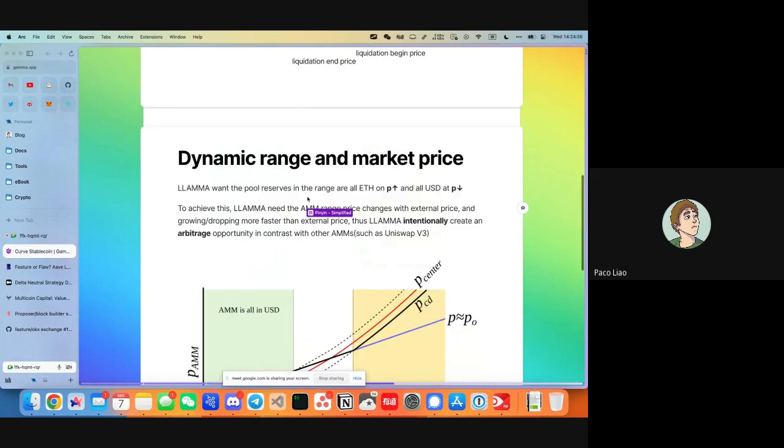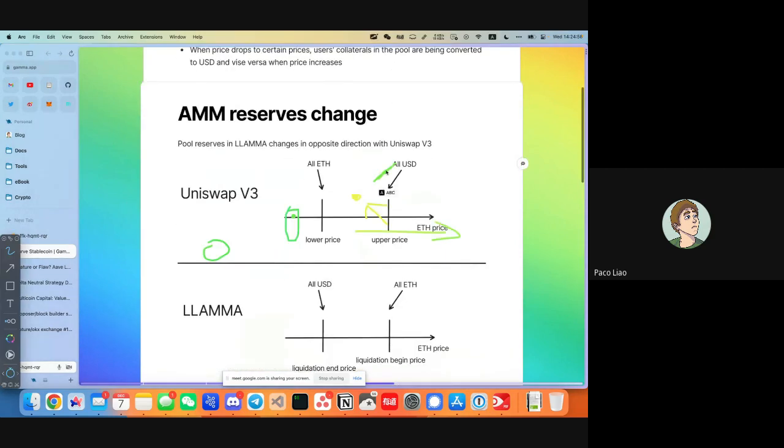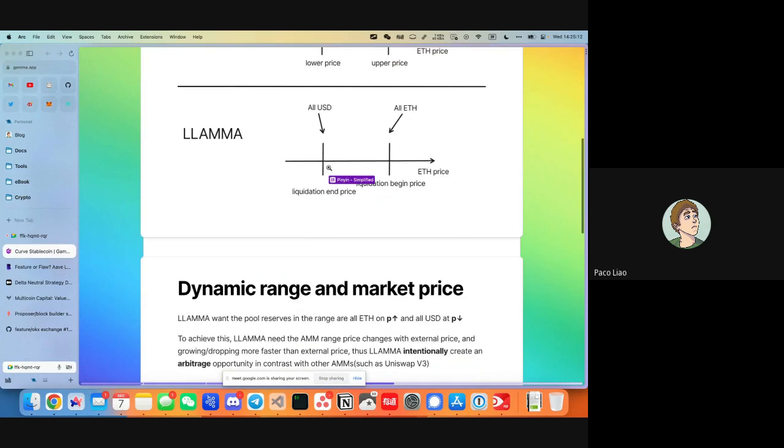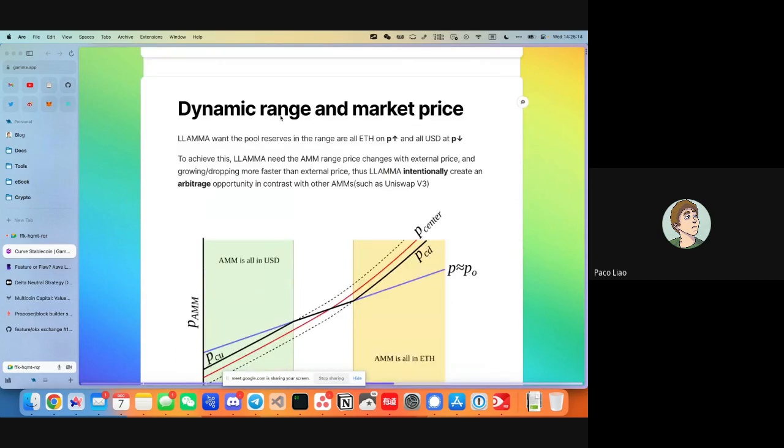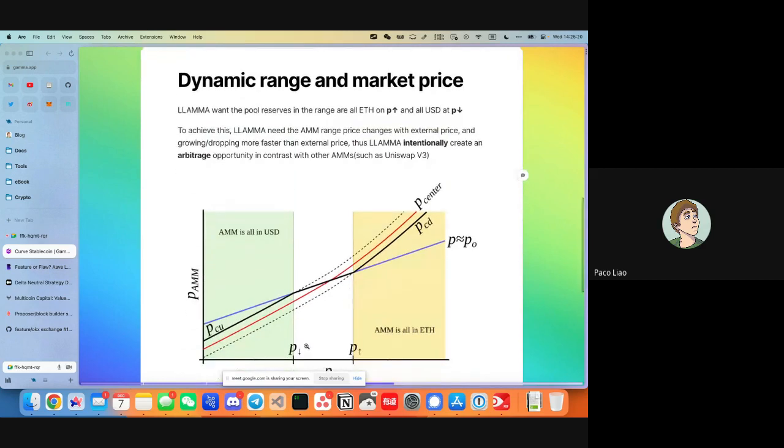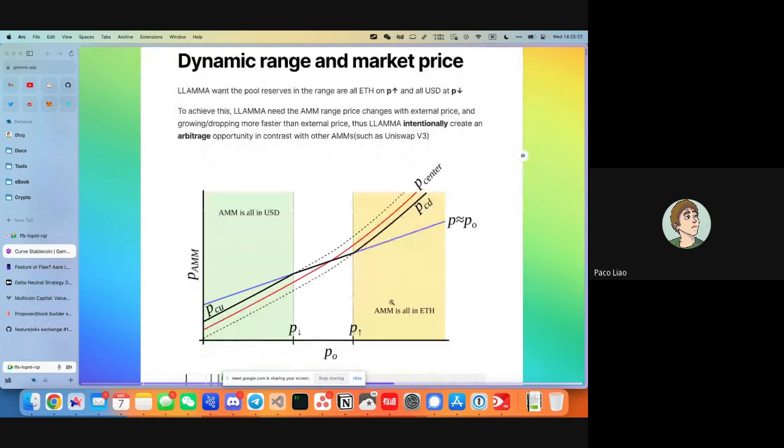So it's similar to Uniswap at this point. The external price is at the upper price of the range, so all your reserves will be USD. They achieve this through a dynamic range and a market price. The market price will also increase with the external price increasing, and increase more quickly.